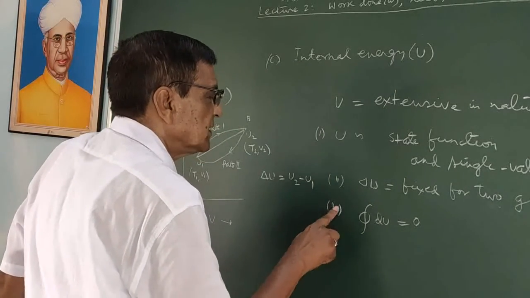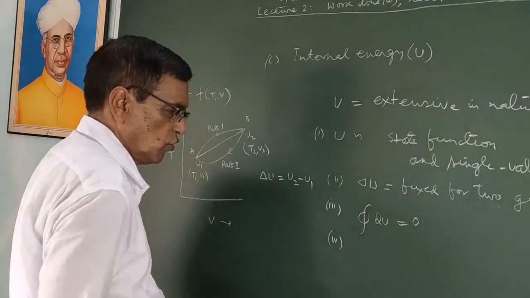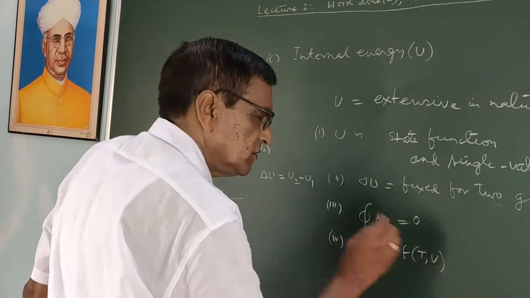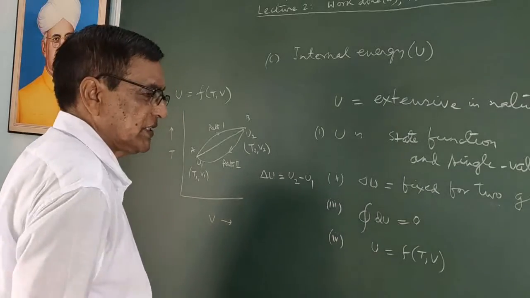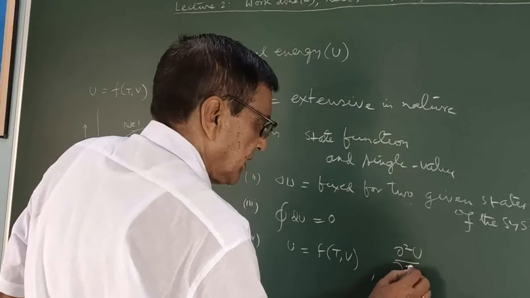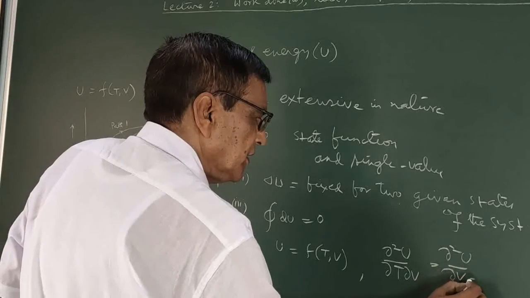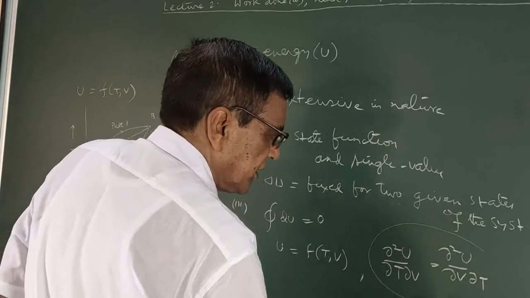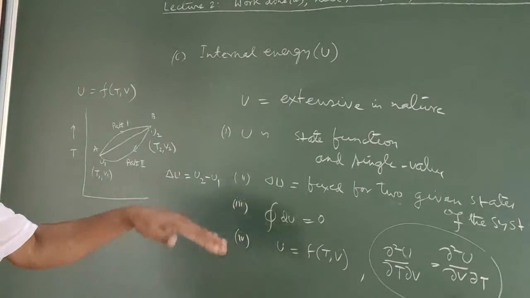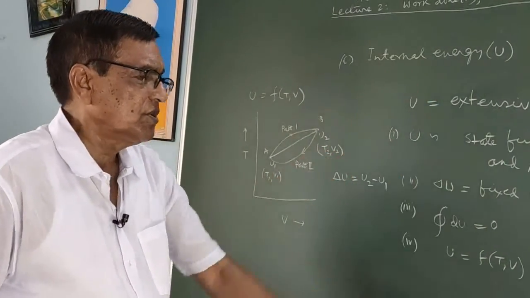This is the third criterion. And the fourth: let us take U as a function of temperature and volume. So it follows Euler's relation, that is, del 2U by del P del V equals del 2U by del V del P. This relation holds for U since U is a state function, perfectly differentiable, and it is also strictly linear.